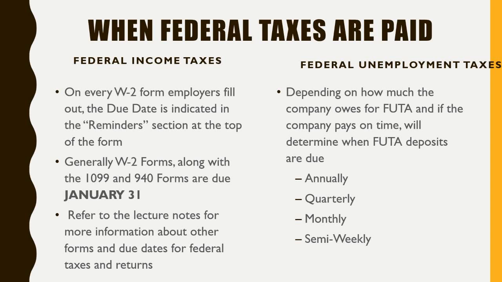So on the form, it usually says that by January 31st, this is the assumption that when it's time to pay, you always have to pay by January 31st of that year. Now, this is to cover the previous year because it's based on a calendar year. Okay, they're going from January 1st all the way to December 31st.